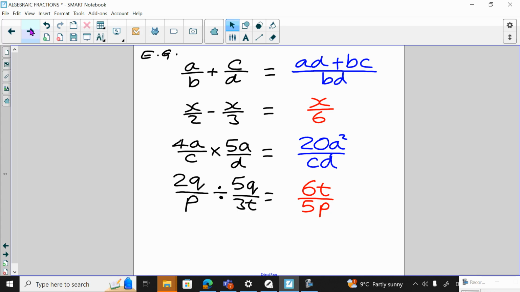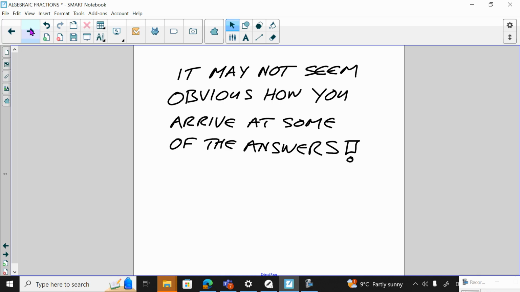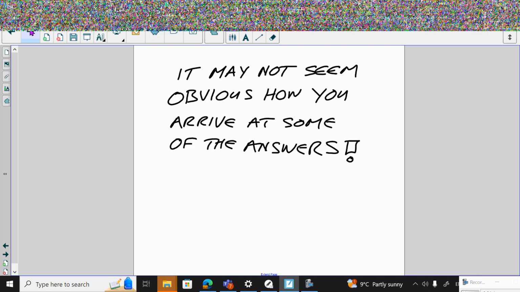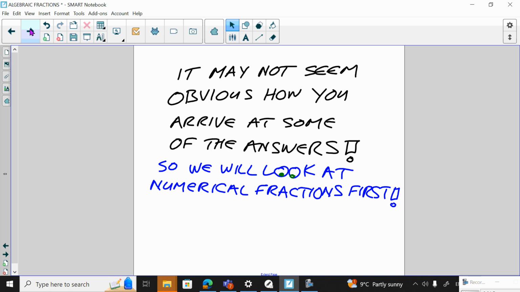Well, it might not be obvious how we get to these answers, but to make it a wee bit clearer, we'll just use numbers for the fractions.